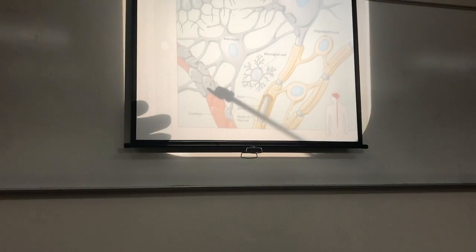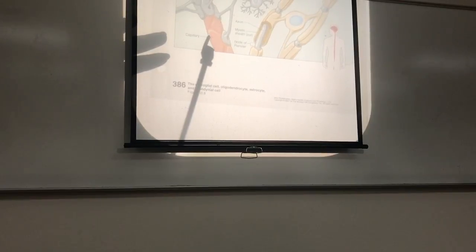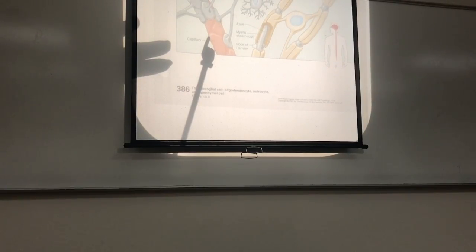And then it's got another batch of these little extensions with little pod feet, and these guys are sitting on top of a blood capillary. Astrocytes are found in the central nervous system, and their job is to transport nutrients from the blood to the neuron. In particular, glucose.